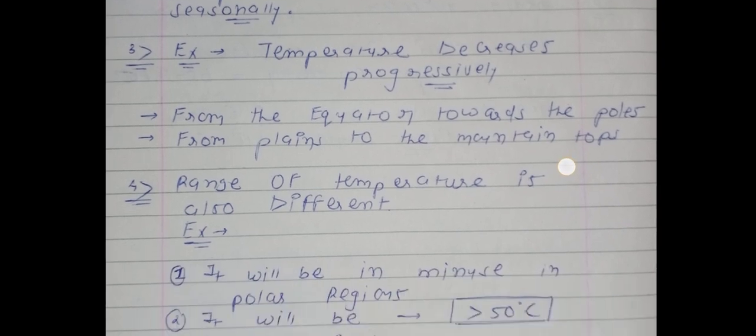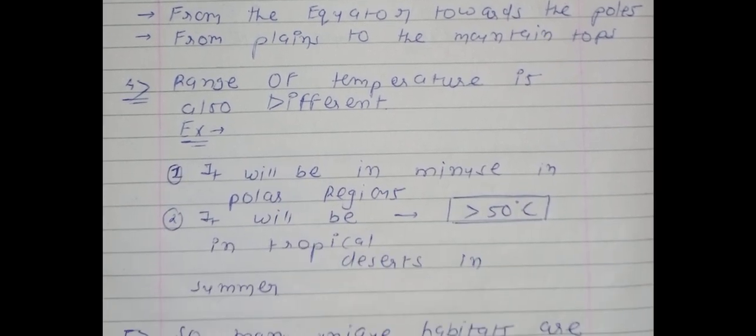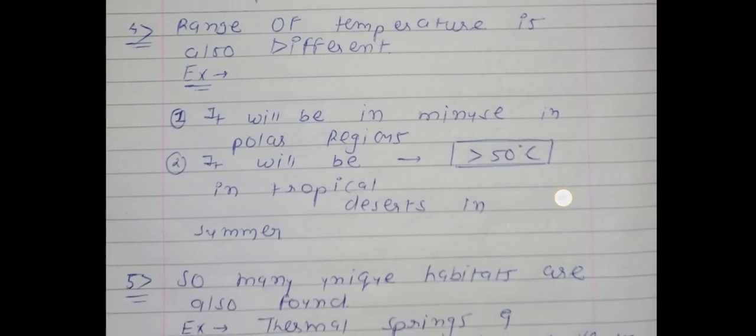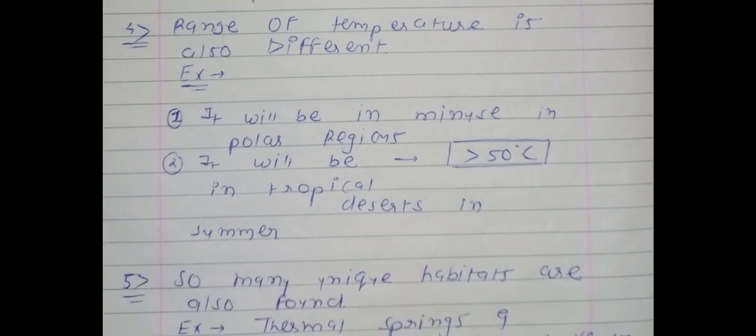Now see, point number 4, we can say that the range of temperature is also different. Okay, so temperature will be different in different types of areas. For example, first see the first example, it will be in minus in the polar region. It means in some countries or in some polar regions temperature will be in minus, like minus 20 or minus 5 or minus 10 or minus 12.